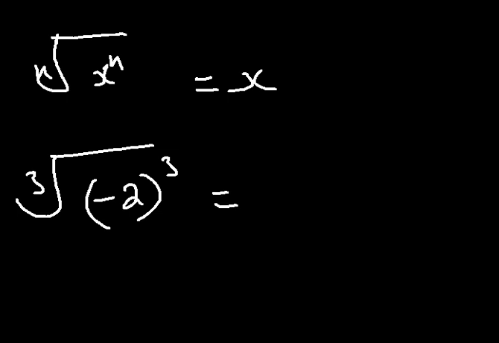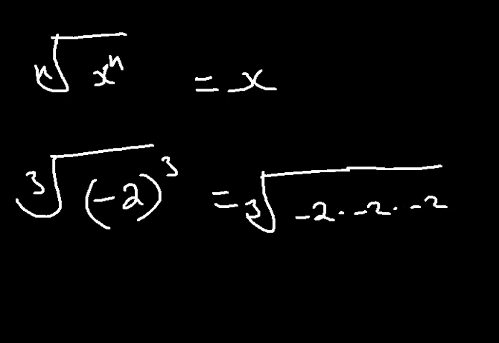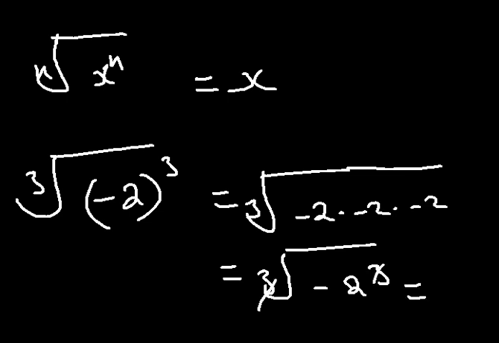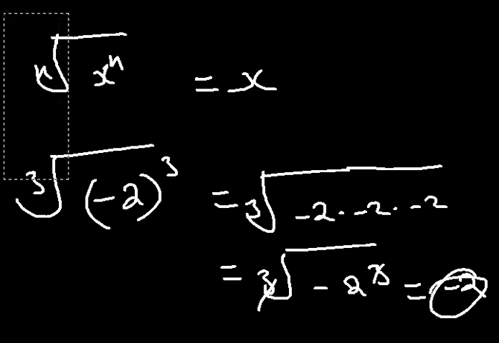This is the same as the cube root of negative 2 times negative 2 times negative 2, which gives the cube root of negative 8, and that is negative 2 to the power 3, and this 3 and this 3 cancel, so what we have is negative 2. That only happens if the power is an odd number.